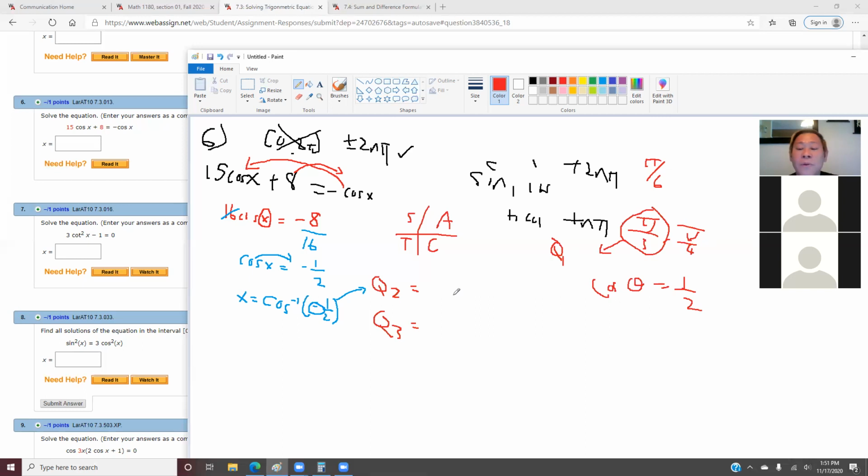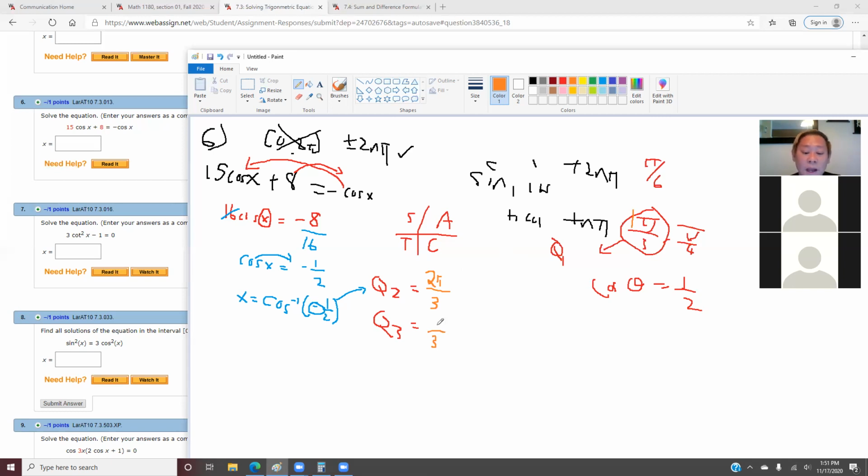So what is pi over 3 in quadrant 2? You just increase the numerator, this is 1, right? So this will be 2 pi over 3.